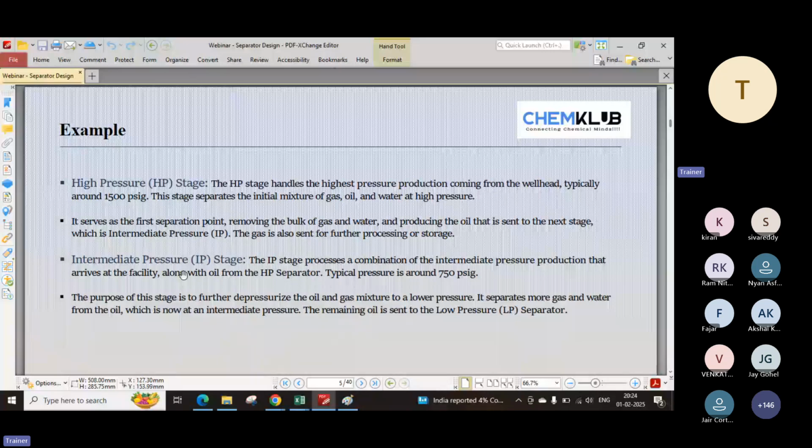This is a general guideline we use in industry. However, generally what I have seen, HP separators operate in the range of 30 bar gauge or 35 bar gauge, and this has been defined based on the quantity and quality of the feed.